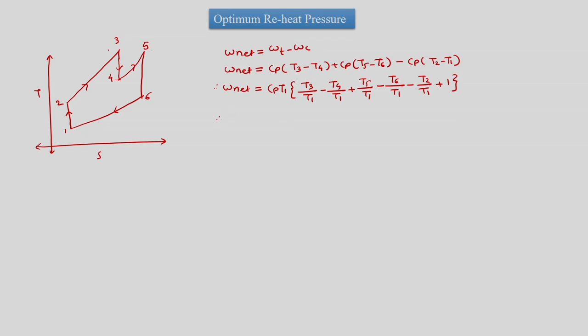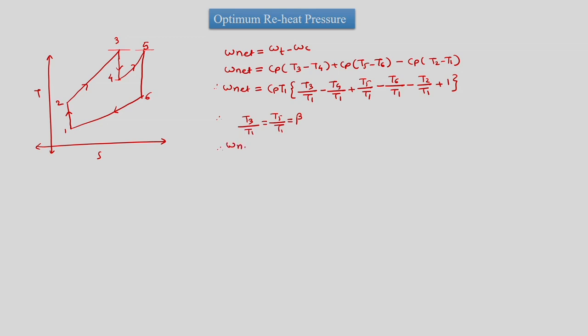Now we know that T3 is equal to T5, and we will say that T3 upon T1 is equal to T5 upon T1 is equal to beta.